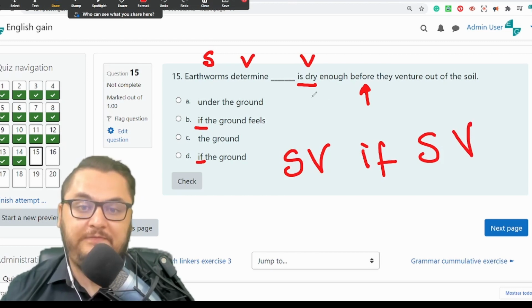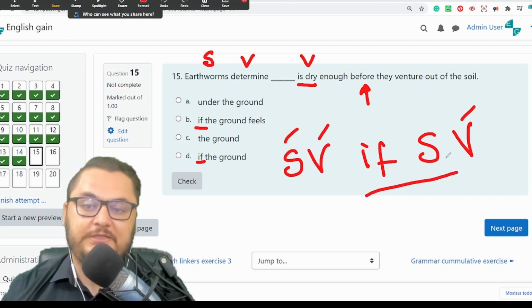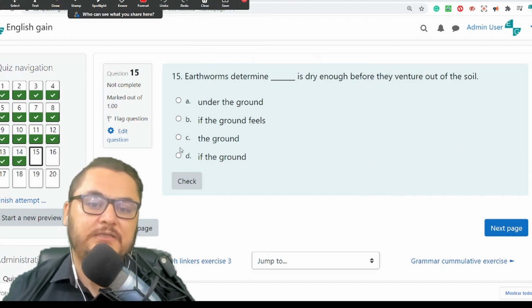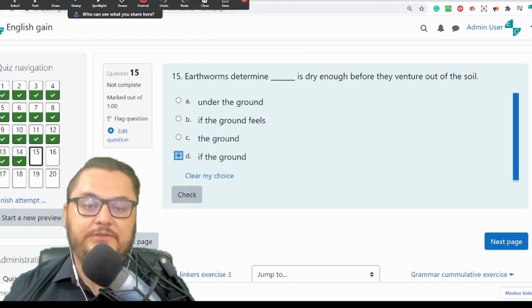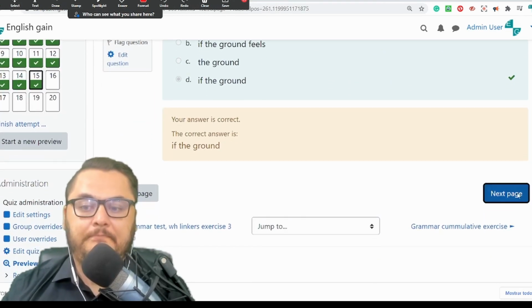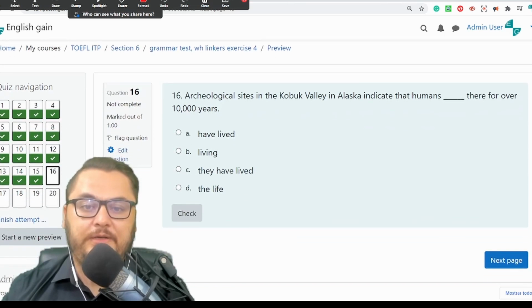I already have one, two, and three. I just need this: if plus a subject. If plus the subject is what I have in option C in this exercise. If the ground is dry enough, then we can continue here.